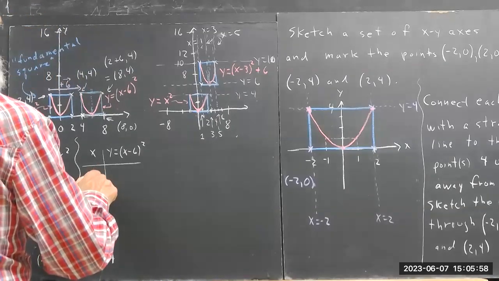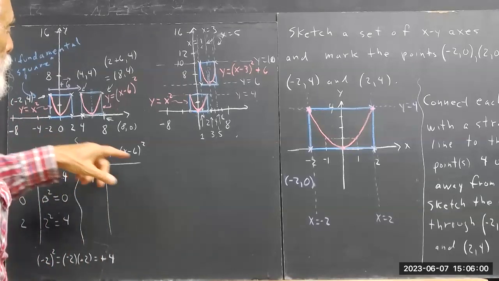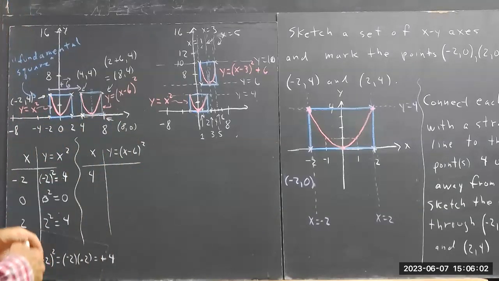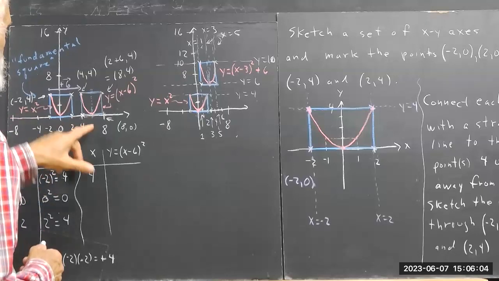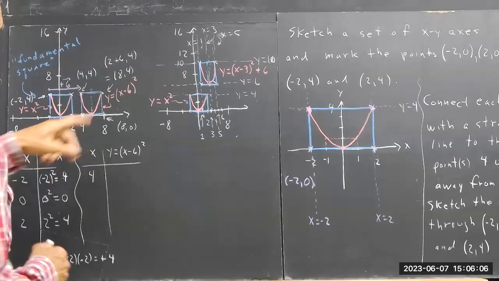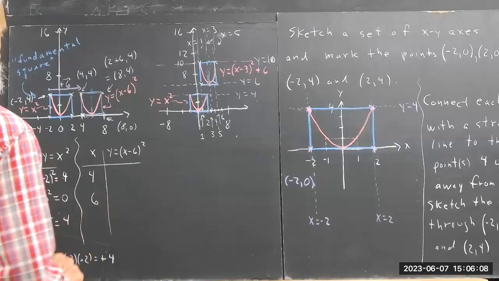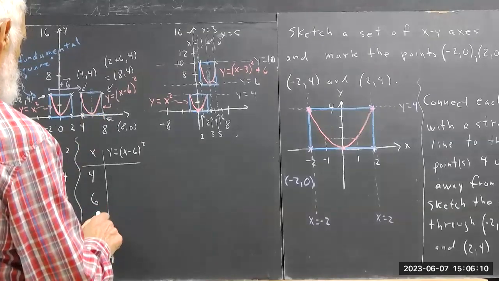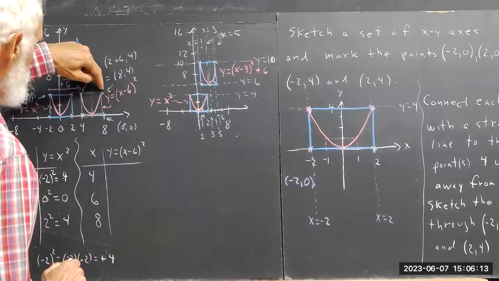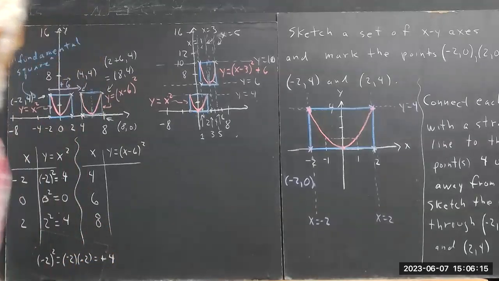So when x equals 4, we want to know if y equals 4. And then here the x value is 6, the y value is 0, so we're going to use 6. And here we're going to use 8 because the x coordinate of this point is 8.